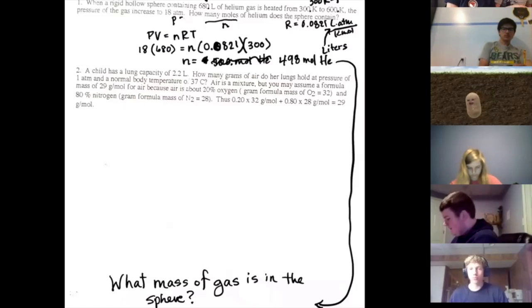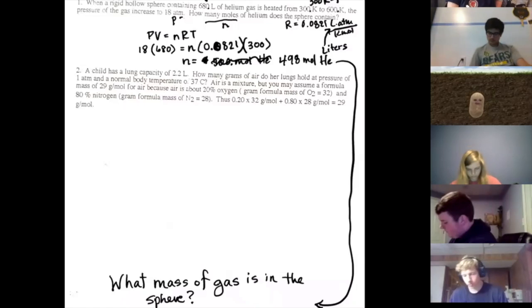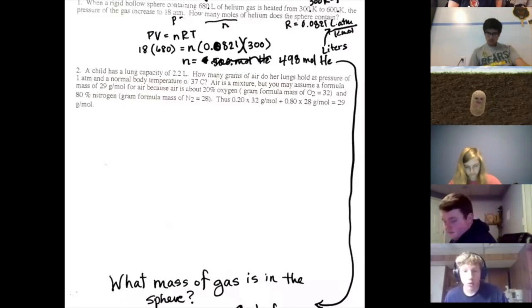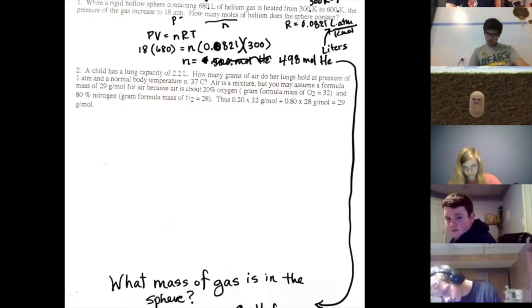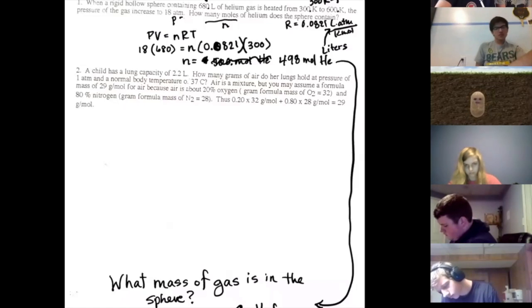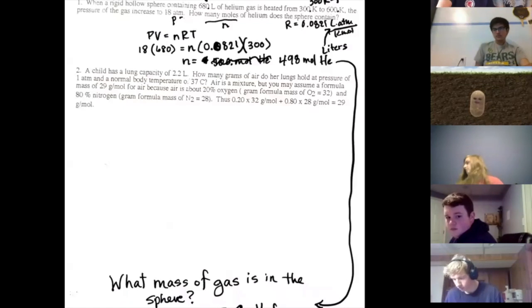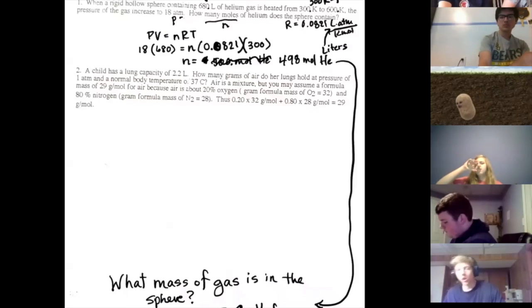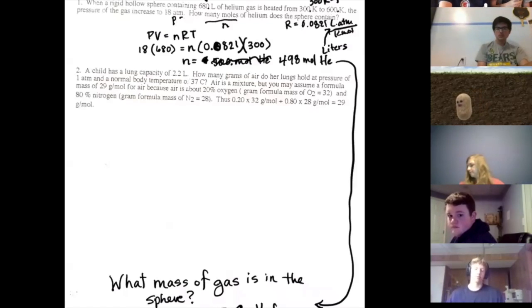So we have 498 moles of helium. Helium is 2 moles. Oops, I'm sorry. 2 grams to 1 mole. Where would I get that information? The periodic table. That's right, periodic table. So we solve 498 times 2, it's about 1,000. 996.